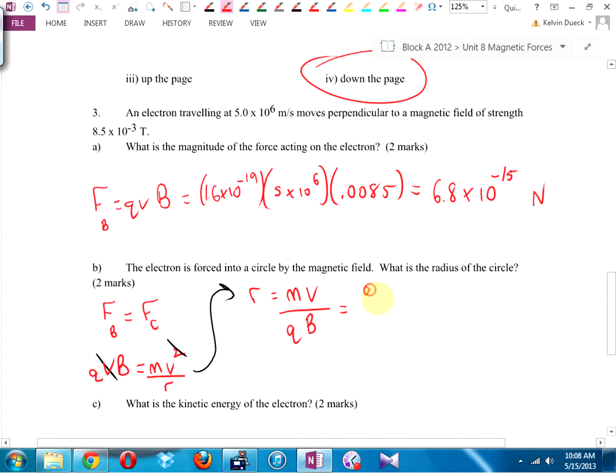It's an electron, 9.11 times 10 to the negative 31. Speed, 5 times 10 to the 6th. It's an electron.